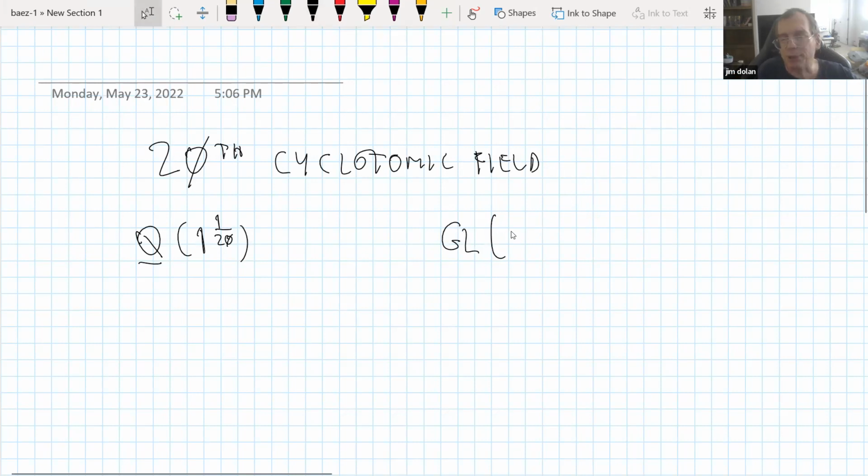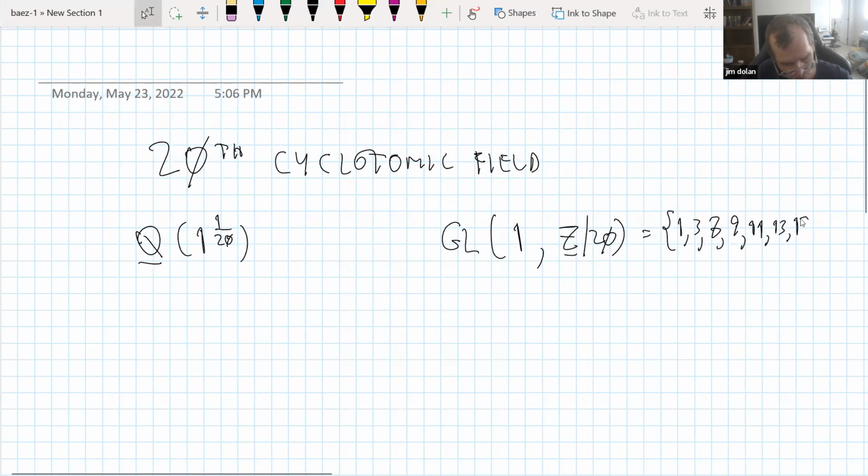I'm not sure what the proper generalization is for thinking about this, but did I say this right? GL1 of Z mod 20 is equal to the congruence classes, am I saying this right? 1, 3, 7, 9. These are the only ones that are relatively prime to 20.